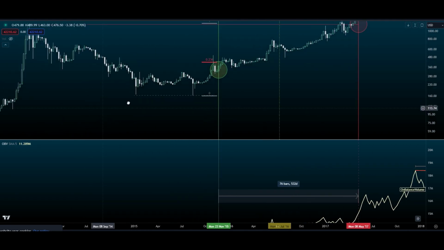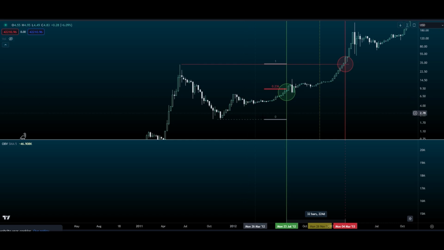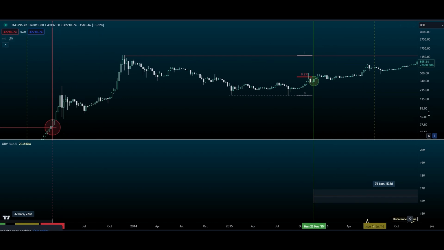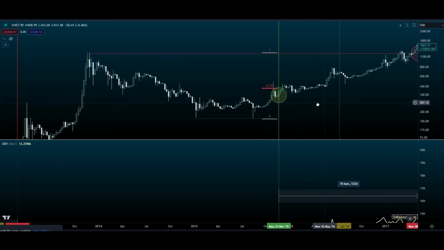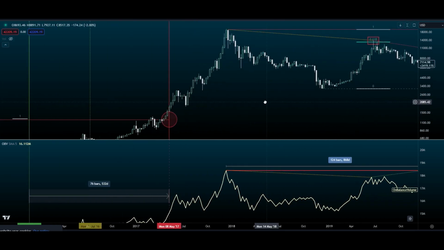As you can see, the previous two attempts, which rhymed quite a lot in their nature, we had the 2.36, an OBV all-time high break, the halving, and then the price all-time high break. It was exactly the same here, even the same for extension, 0.236, OBV high break, halving, followed by price break.